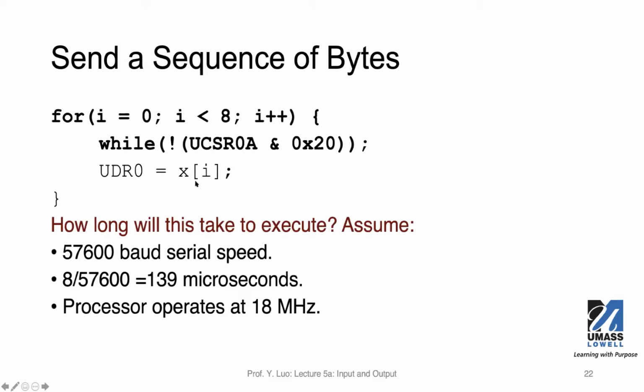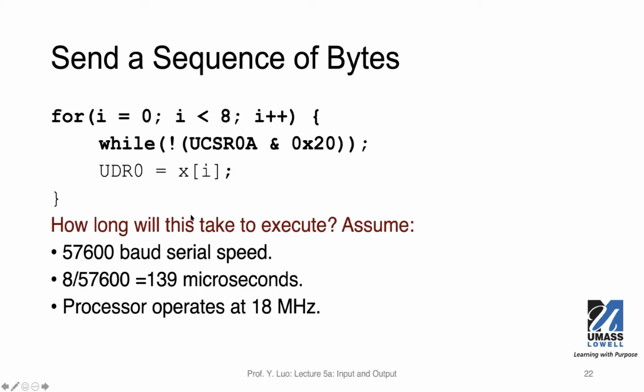If it is, then we're going to assign the outgoing value to this UDR transfer register. And because you are sending these bytes back to back, when you get to the second iteration of the for loop, chances are the previous byte is still being transferred. So when you go into the second loop iteration, you might be stuck on this while loop for some time.